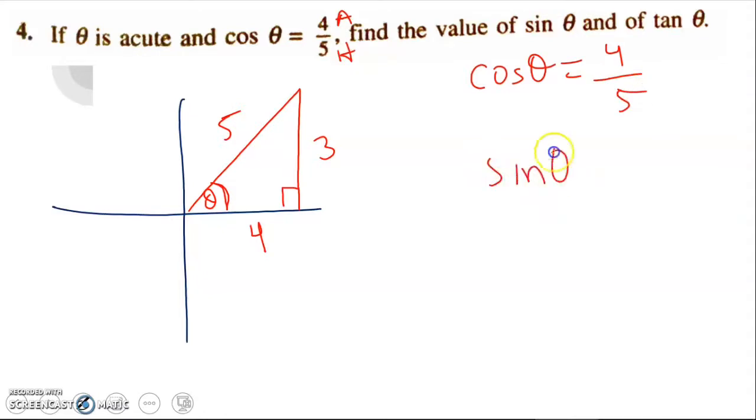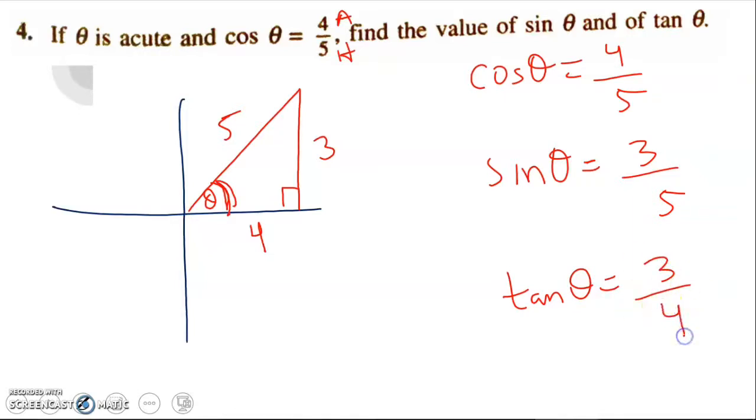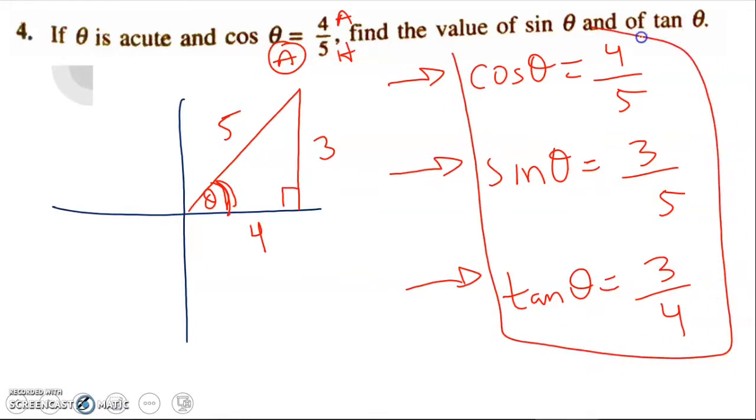Sine is going to end up being, again, use this as your reference angle, opposite over hypotenuse, that's 3 over 5. And then tan is going to be opposite over adjacent, which means 3 over 4. And again, all these values are going to be positive. Why? Well, because everything's positive here in Q1. Okay, so here are your 3 answers.